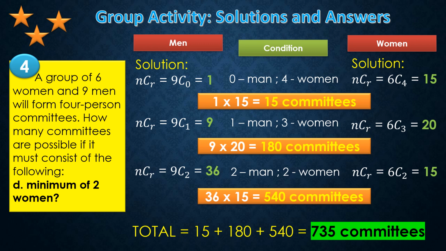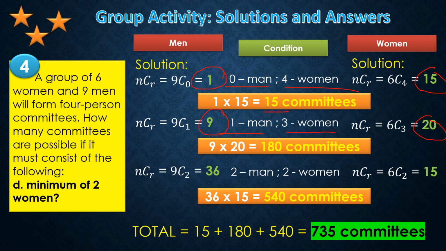In the first condition, no men, then 4 women, that is 1 and 15, total of 15. How about 1 man and 3 women? Minimum of 2 is still satisfied, so it still fits our condition. So, that is 9 and 20.